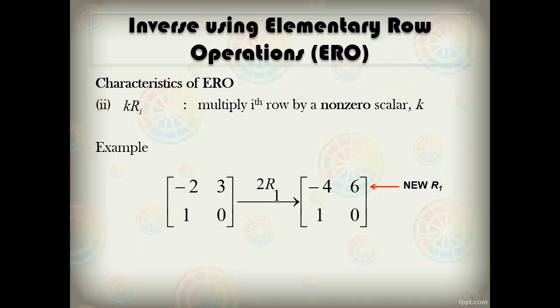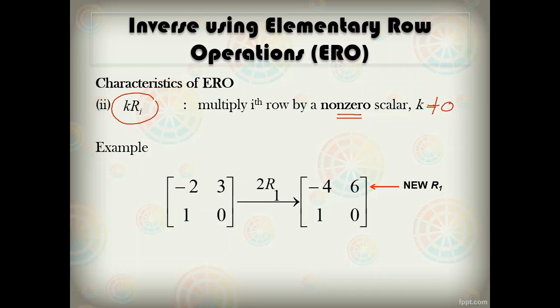The second rule that you can apply is you can multiply the row with a scalar k, a non-zero scalar. K cannot be 0, it must be non-zero. Usually we apply this rule whenever we want to reduce the row to get a 0 element.